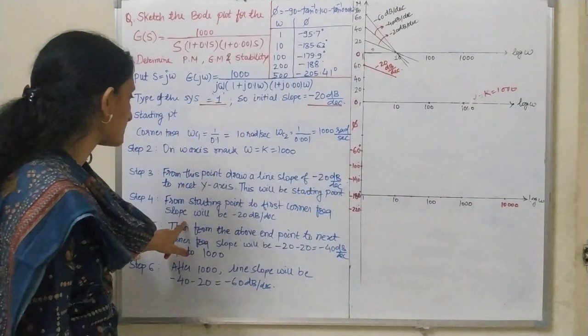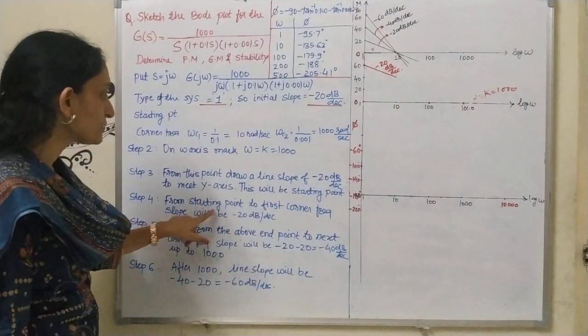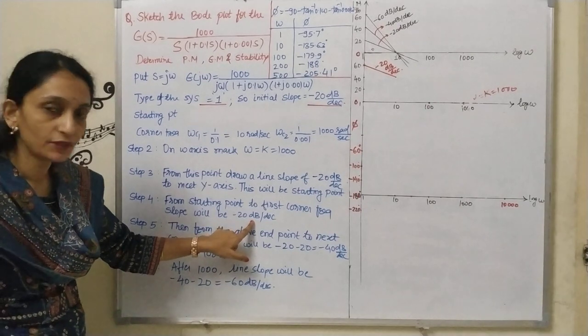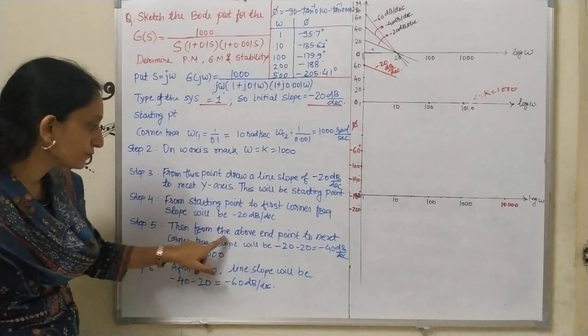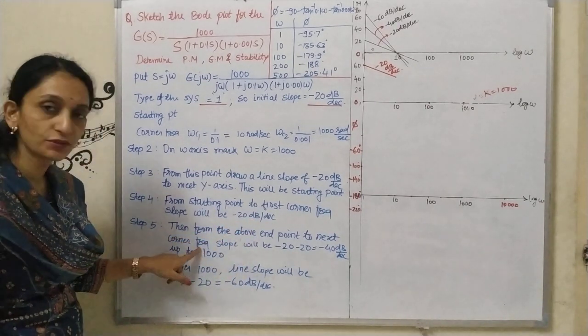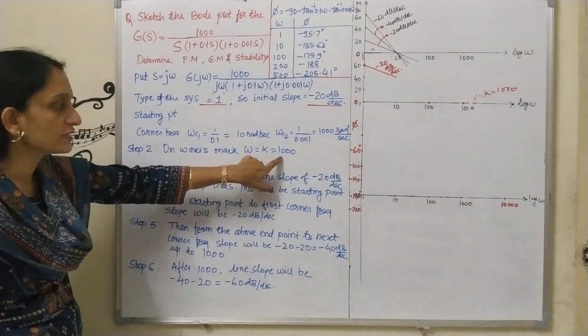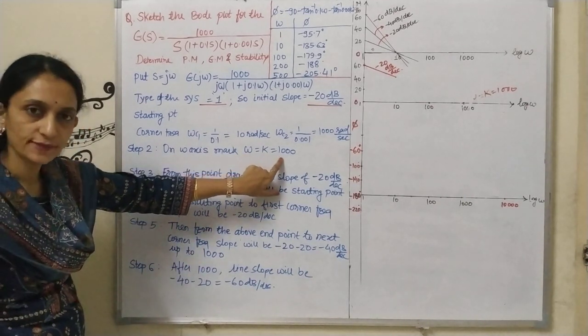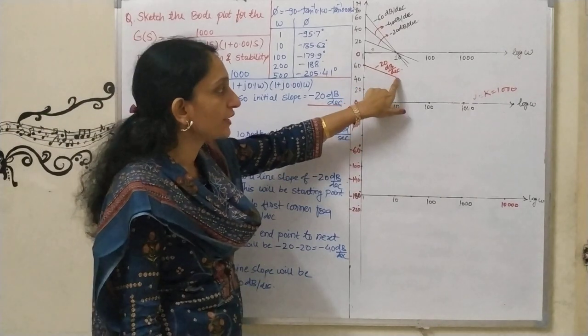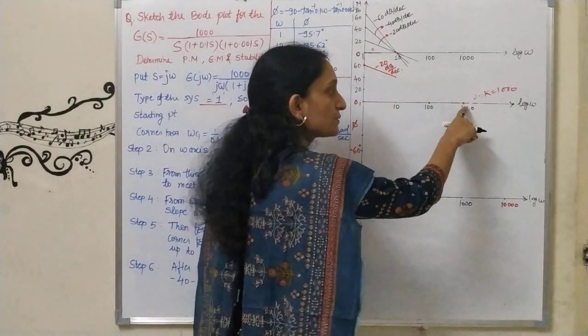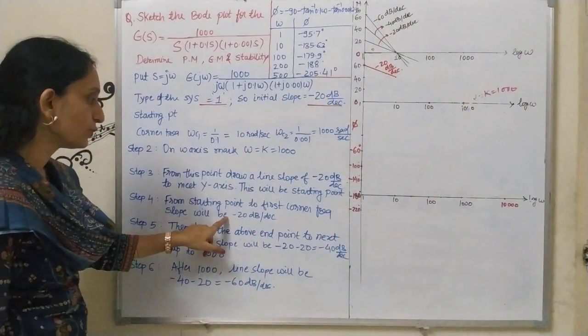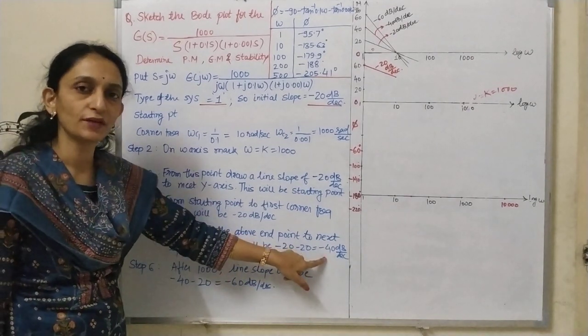From the starting point I have shown minus 20 dB per decade. Next, from the end point to the next corner frequency. What is my next corner frequency? My next corner frequency is 1000. From this point to the next corner frequency, 1000, I will draw a line of slope minus 40. Why minus 40?